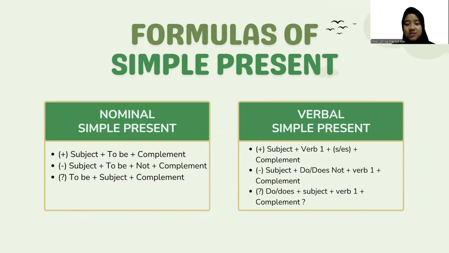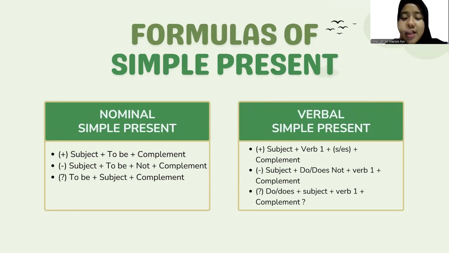In this case, we have two types of formula. The first one is the nominal, the second one is the verbal. As you can see on my PowerPoint here, I already have the two types of formulas of simple present. Let's talk about the nominal first. In nominal, the positive is subject plus to be plus complement.